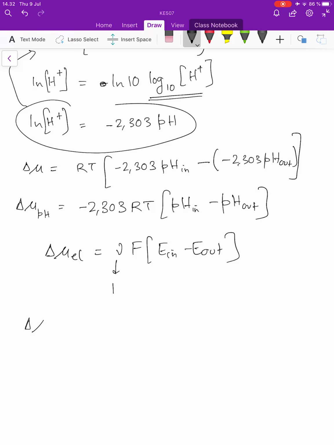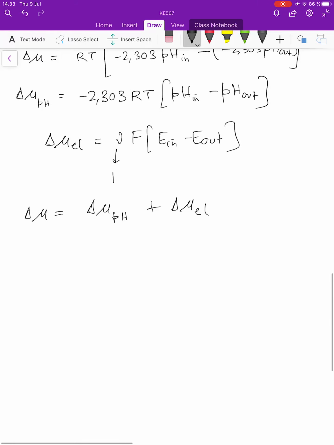So the total chemical potential difference is equal to the chemical potential difference arising out of pH gradients or concentration gradients and the chemical potential arising out of electrical gradients. And this is equal to minus 2.303 RT delta pH, the difference in the pH inside and outside, plus Faraday's constant multiplied by the electrical potential difference.